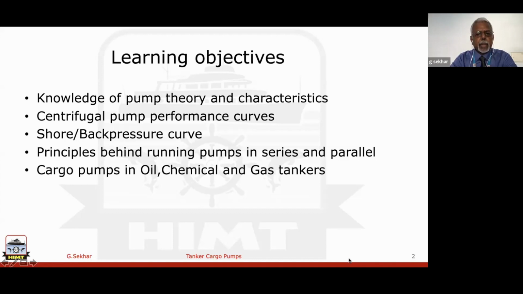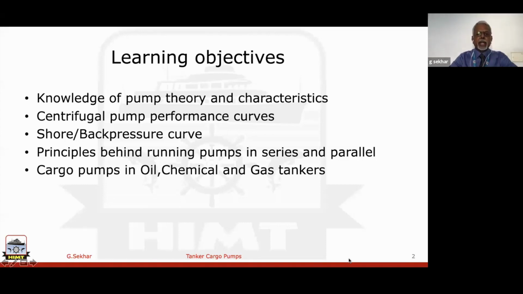The back pressure curve, or shore curve, varies from terminal to terminal, from one discharge port to another. And very often in tankers, if we had been to that port earlier, we also look at what we call the experience factor, that is, last time when the vessel was here, how long it took.